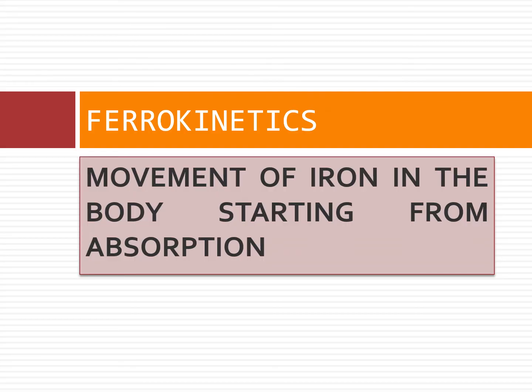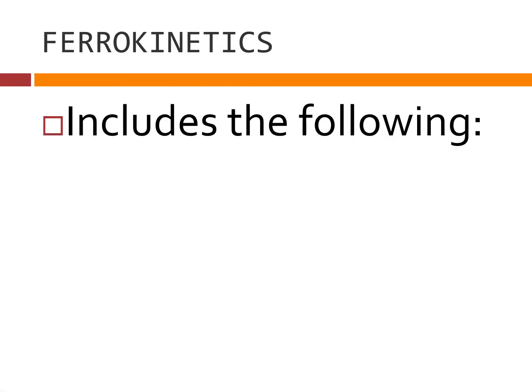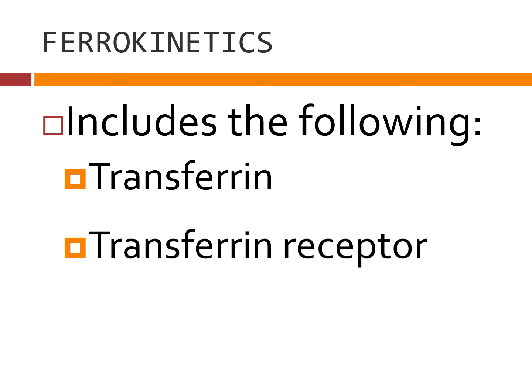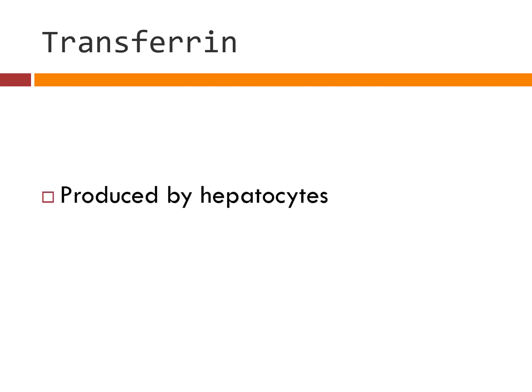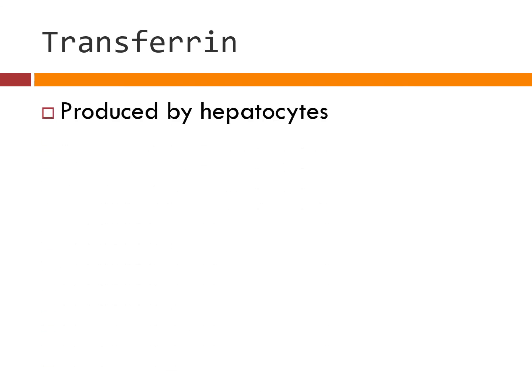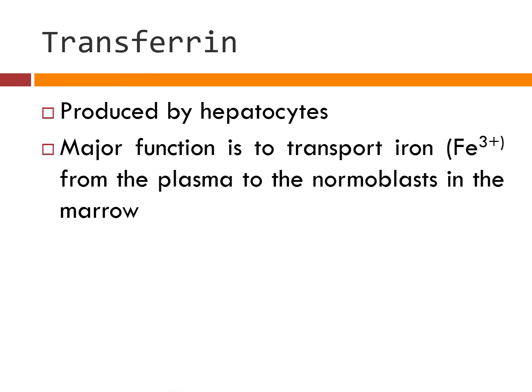Ferrokinetics, by the way, is the movement of your iron in the body starting from the absorption of iron. So it includes the following: the transferrin, your transferrin receptor, and your ferritin. Transferrin is produced by our liver, your liver cells, or your hepatocytes.